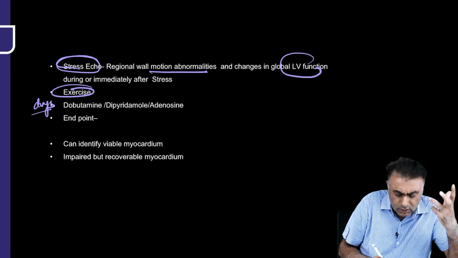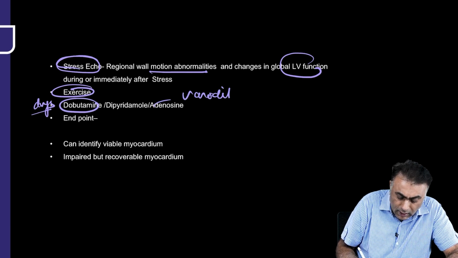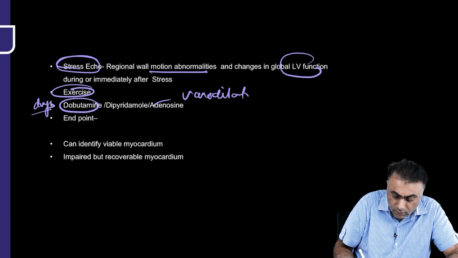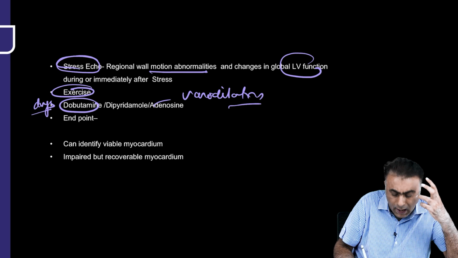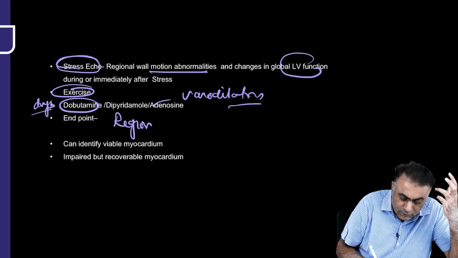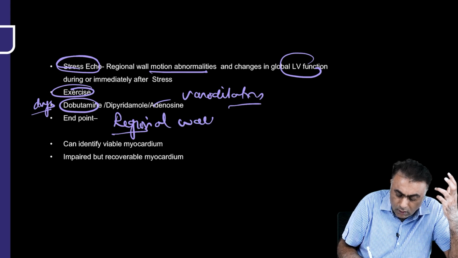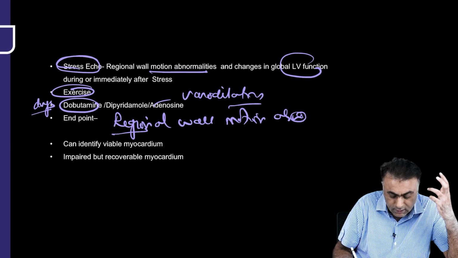We can use dobutamine, or vasodilators like dipyridamole and adenosine. The endpoint for stress echo is a regional wall motion abnormality after giving stress.